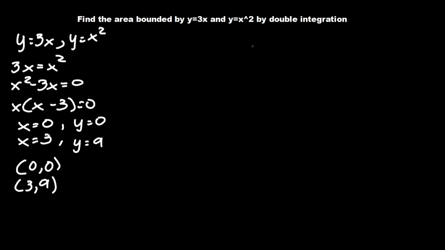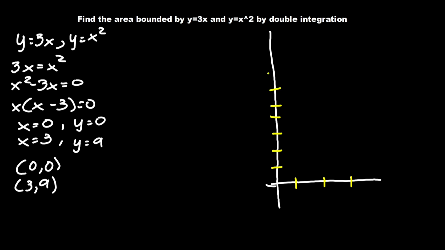And so let us first try to graph this. I will try to make this as accurate as possible. Now, if you can't visualize the graph, you can use the table method.